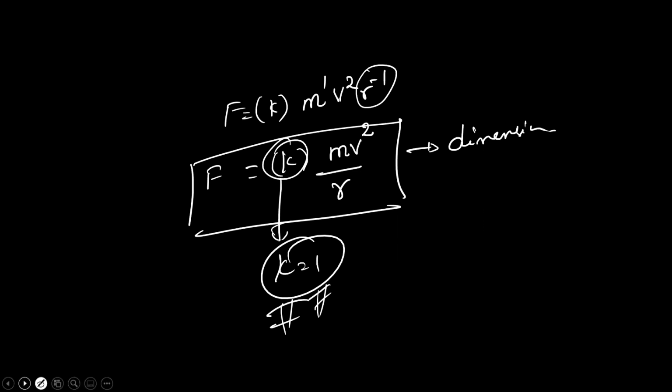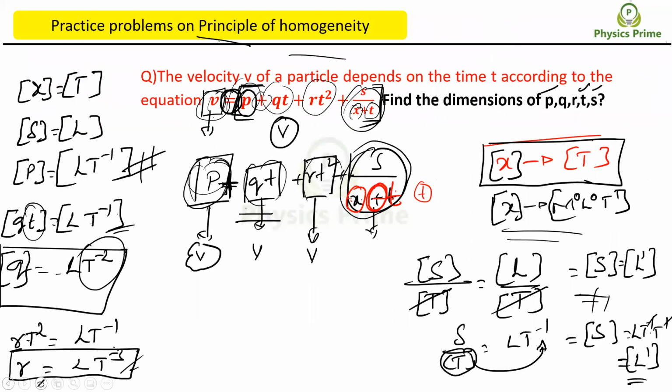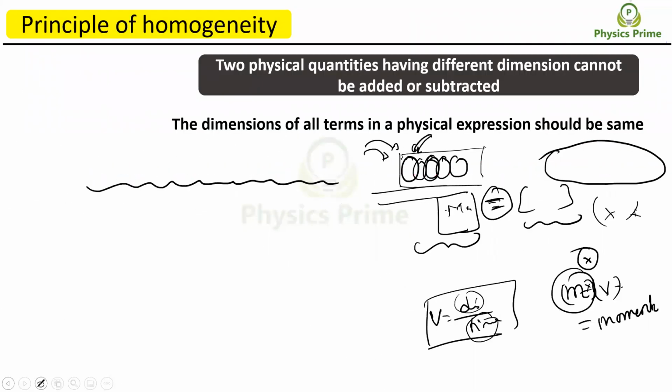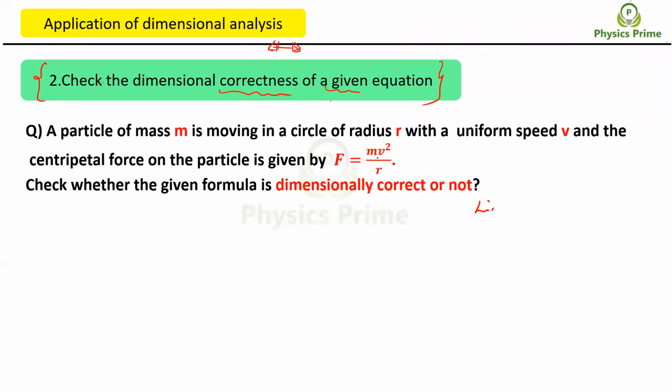But now, carefully, you derived the formula on your own, without knowing any concept, nothing. You have derived mv square by r on your own. If you did not remember it, let me check through your formula. The centripetal force is F is equal to mv square by r. Here I gave the formula, you checked it, it is correct.